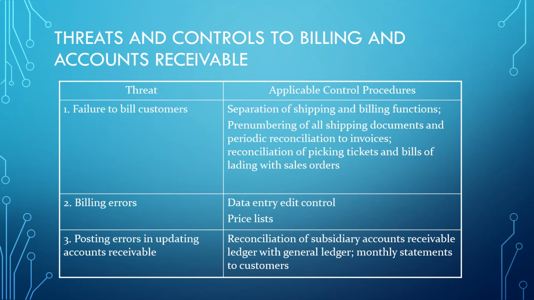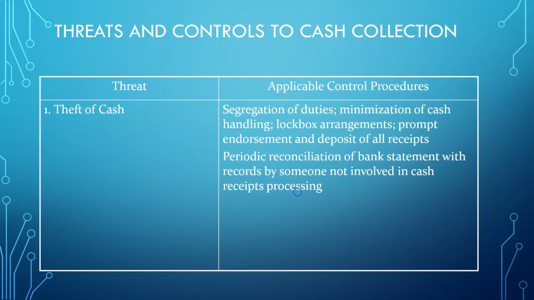The table in this slide lists the threats to billing and accounts receivable and the applicable control procedures related to that. For example, the threat of failing to bill a customer can be controlled by separating the shipping and billing functions. All shipping documents will be compared to invoices. The table in this slide lists the threats to cash collection and applicable control procedures.